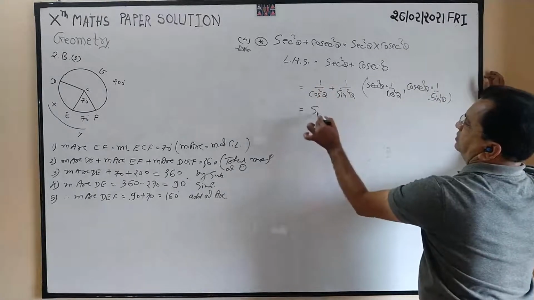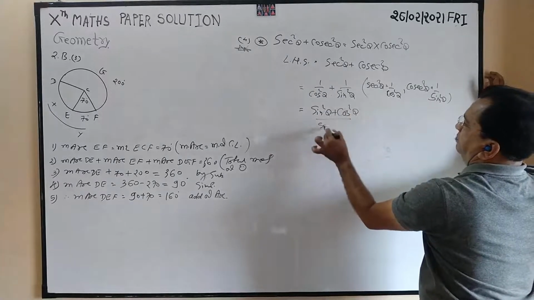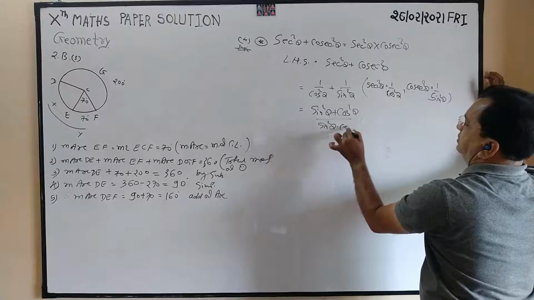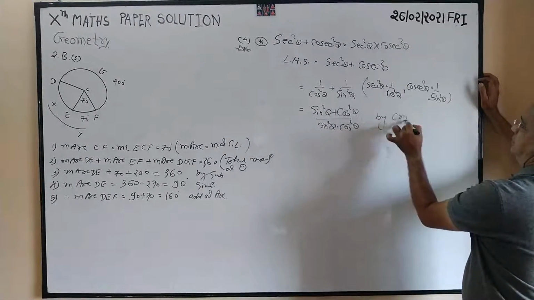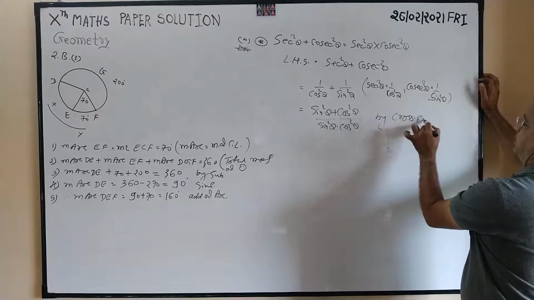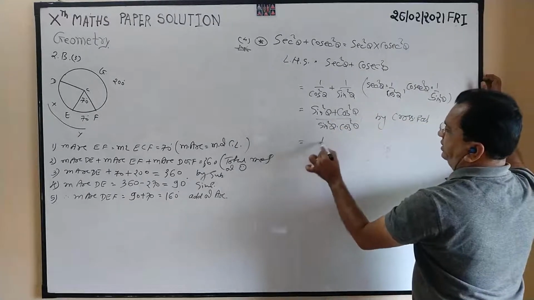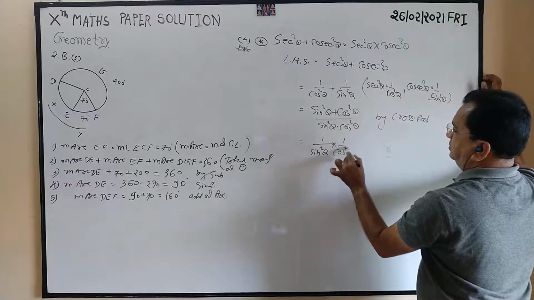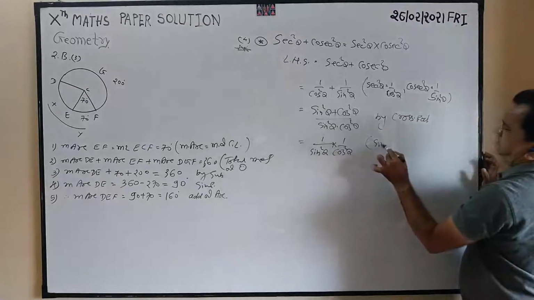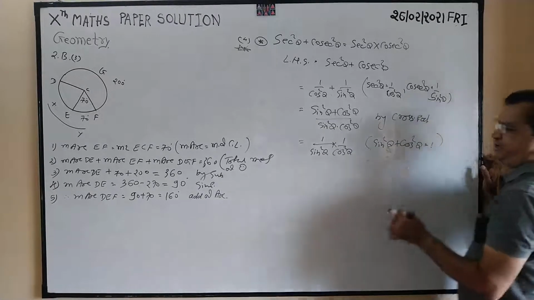Now cross product, sin square theta plus cos square theta by sin square theta cos square theta. Cross product. Now this is 1 because first identity.